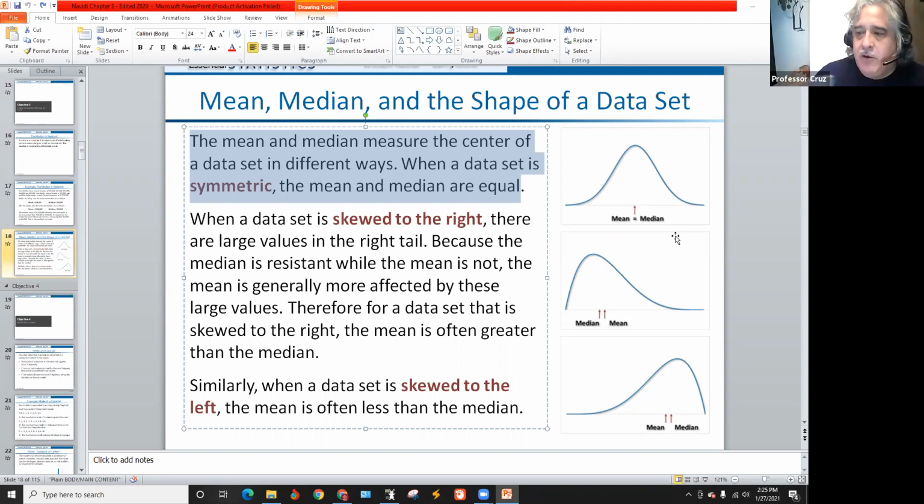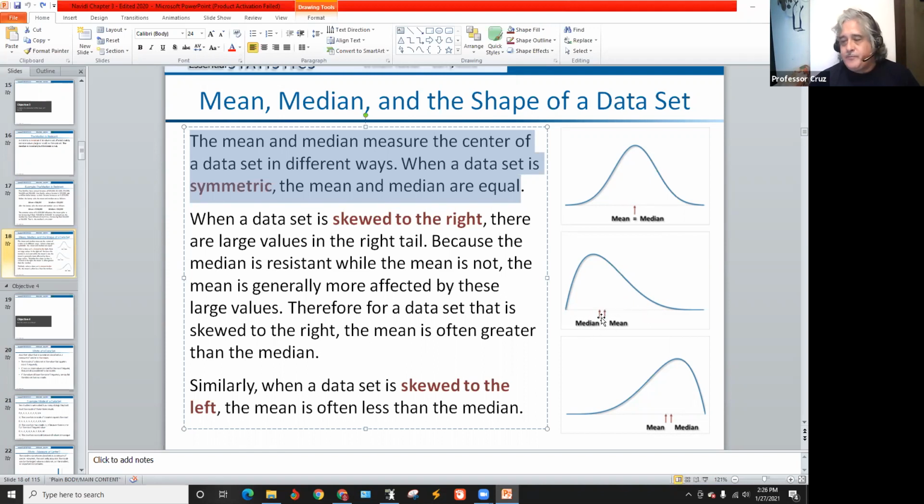But on data that's skewed to the right, which is very similar to what we just had, the mean gets pulled to that right side. Remember that $200,000? This one would probably be skewed even more, because our mean would be pulled way over here. You remember it was 234,000, I think.